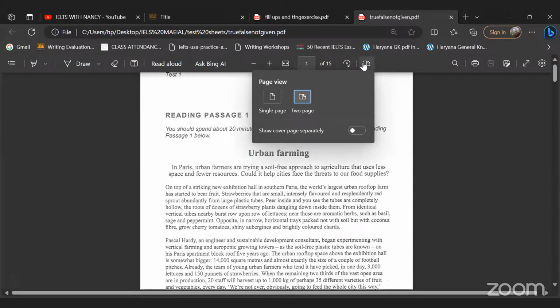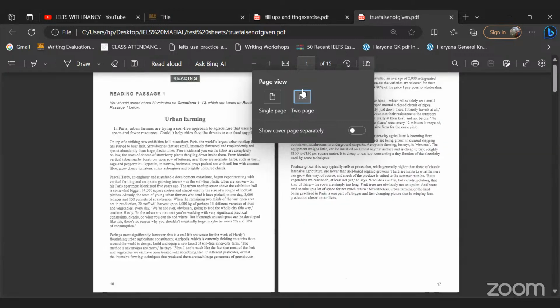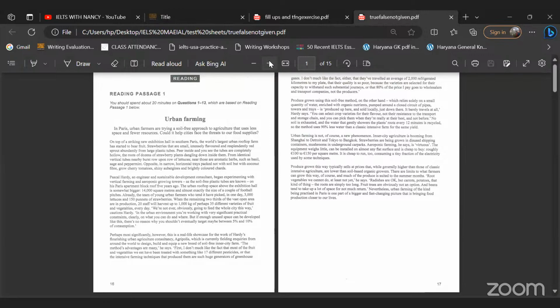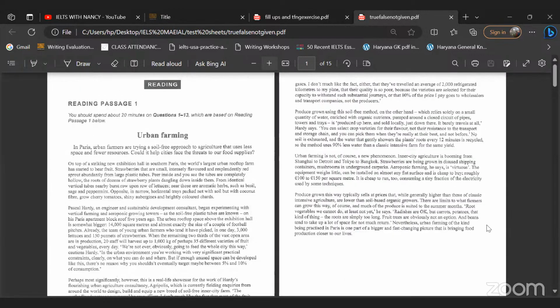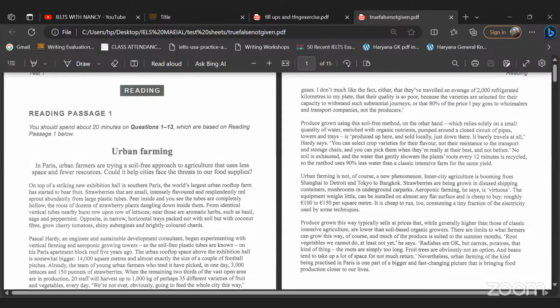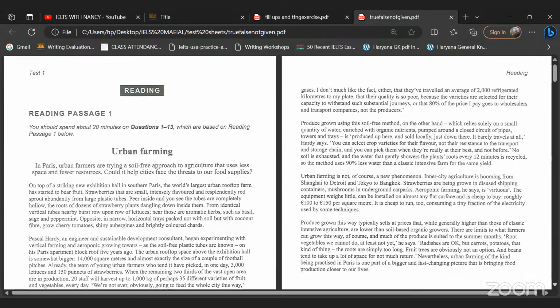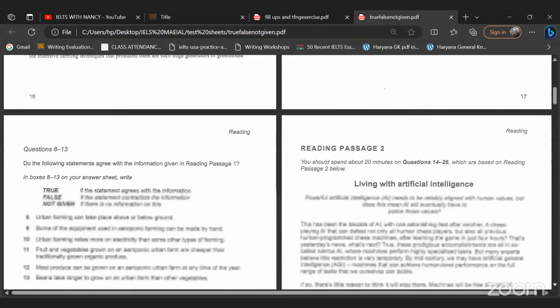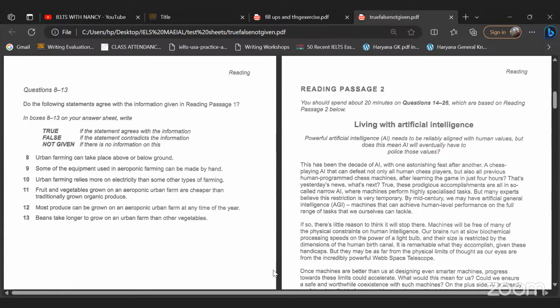Can you see the PDF, urban farming, on my screen? Yes, ma'am. This is Cambridge 18 that I have opened. Now first read out the 8th question loudly.